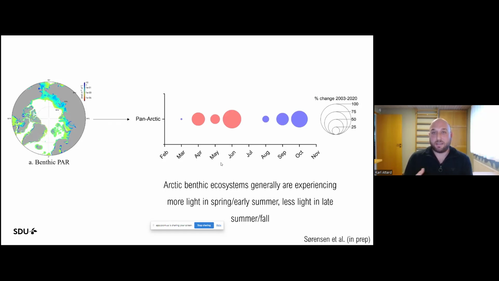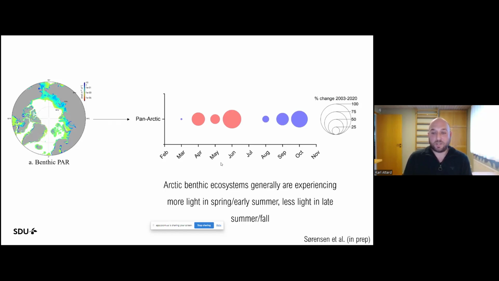So we're looking a little bit more into this now, and we started looking into the time aspect as well, but within the year. So this analysis is by one of my PhD students, who's looking at the growth days of different taxa, different primary producers on the seafloor.